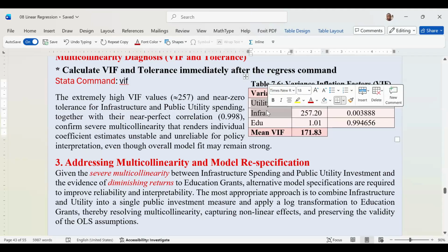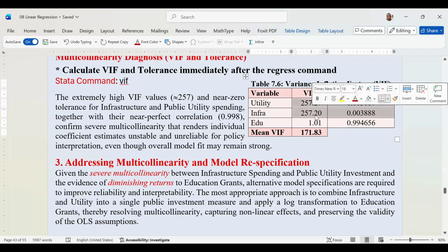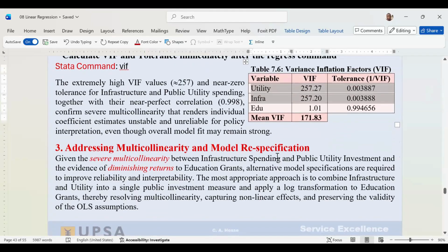It means the estimates of alpha and beta for that variable are inflated. Either they are bigger than the normal estimation or smaller. The inflation is very high for those two variables. Their standard errors are inflated, so they will not give you a correct value. Why? Because these two variables are highly correlated. Please, are you with me?